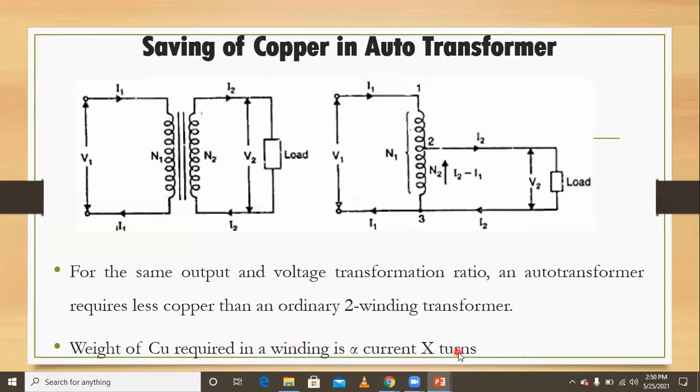As the number of turns increases, the copper requirement increases. The current is also proportional to the copper: as the cross-sectional area of the winding increases, resistance decreases and the current carrying capacity increases. So current is also proportional to the copper requirement.